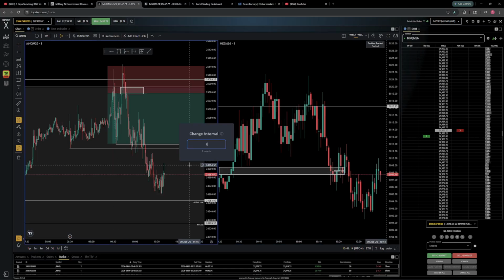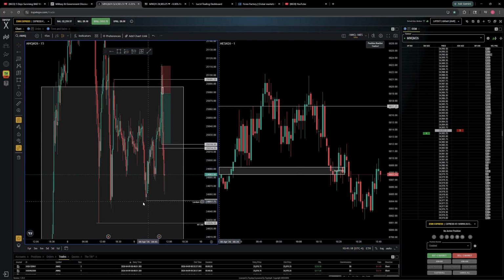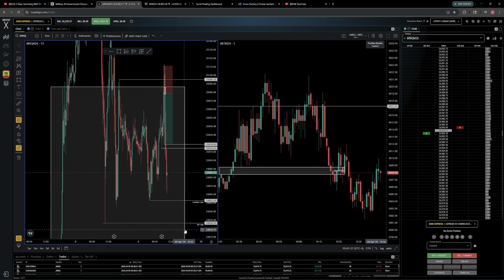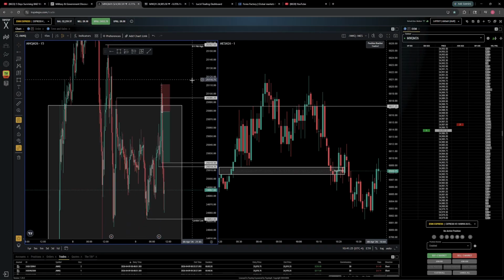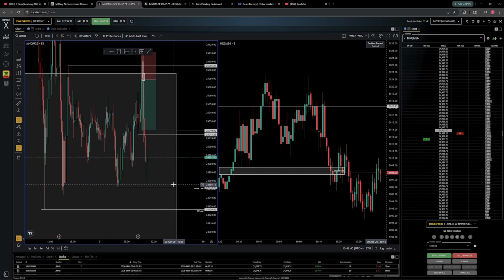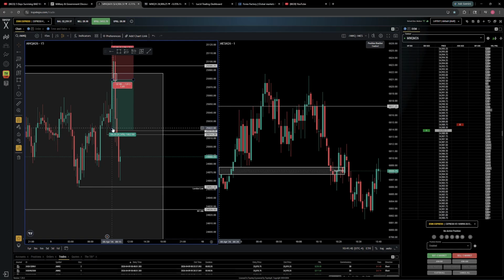On the higher time frame, I wanted NQ to go to these lows to be able to take these lows out and then go higher from there. Do we have to? Absolutely not. I also wanted to see this 15-minute intermediate low get swept, which we did. And then I just wanted this London low to get hit. That was my overall major draw.